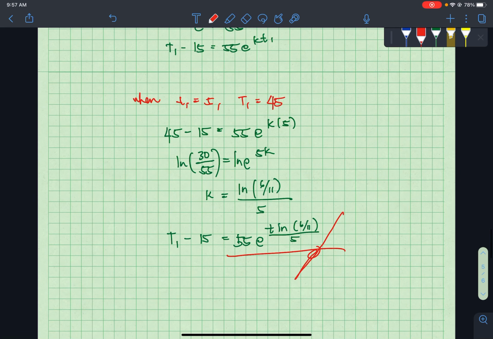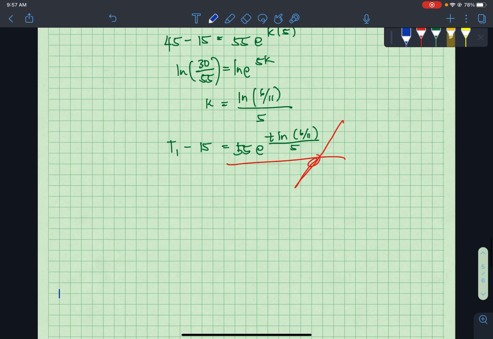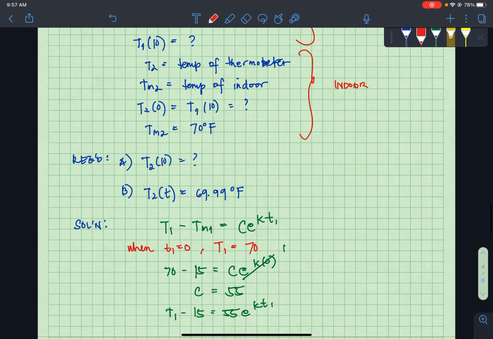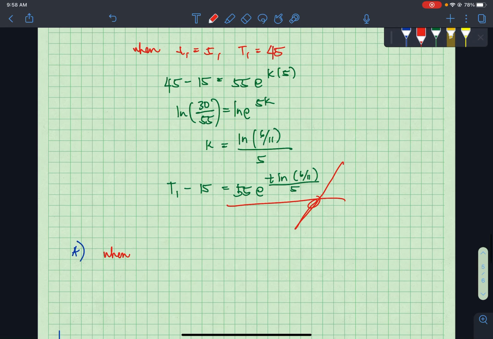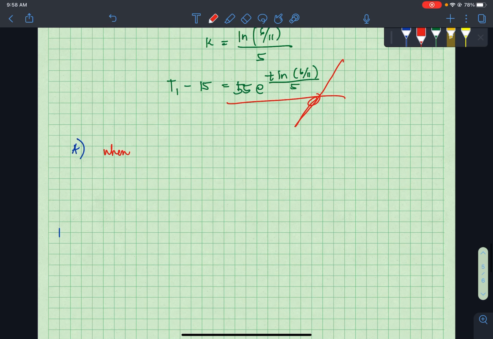So to get our first requirement, we need to find first what would be the temperature after 10 minutes, or after another 5 minutes. So when t is 10, what is T1?